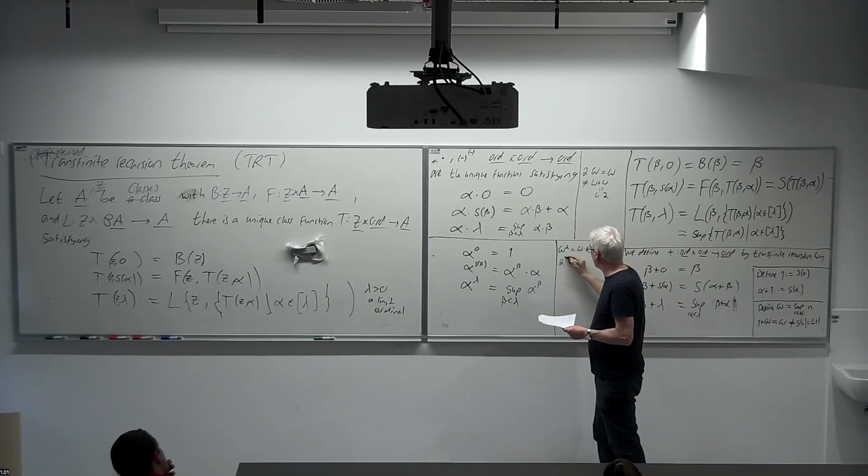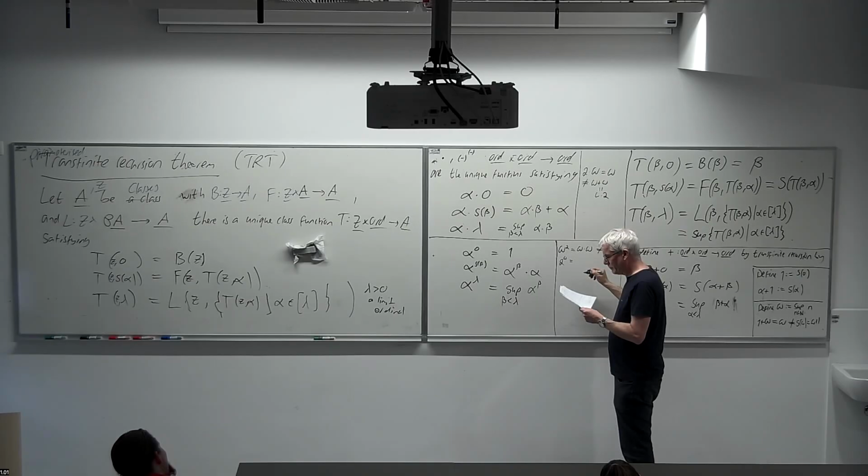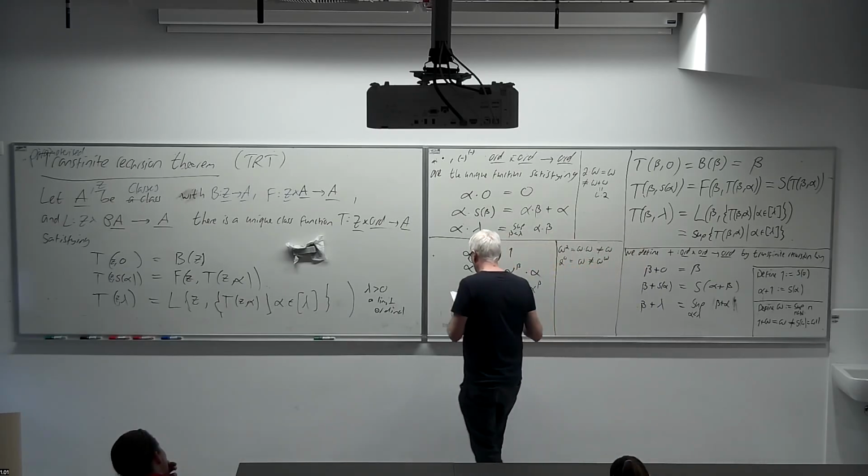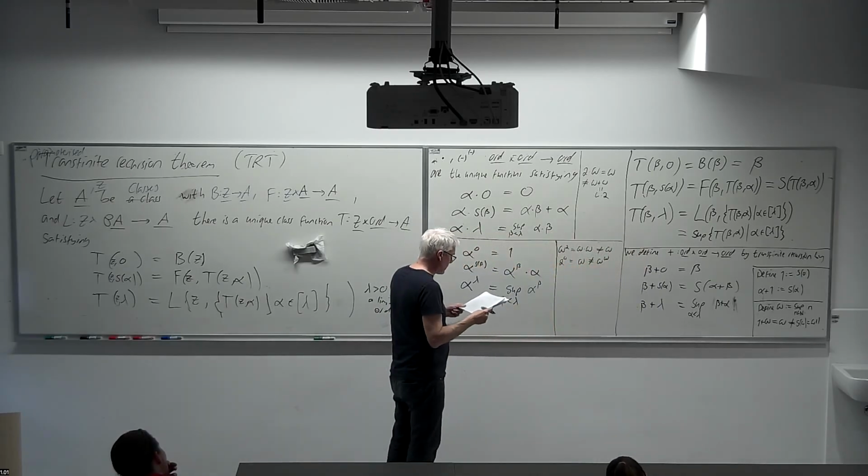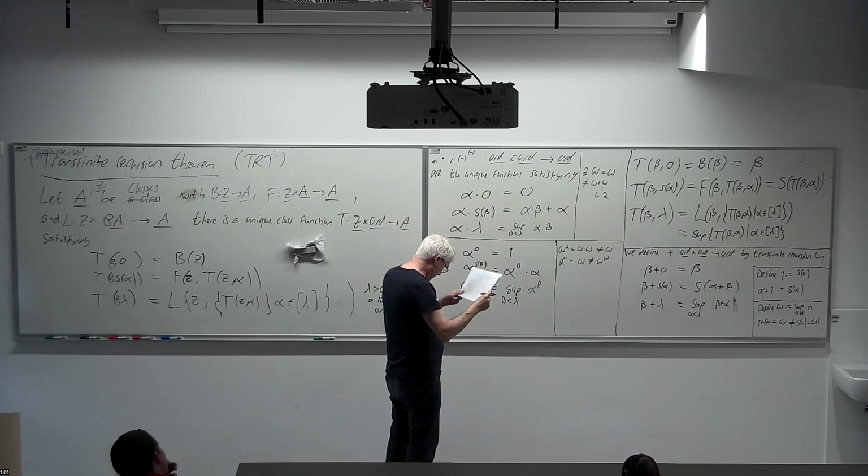Whereas if you look at 2 to the omega, this is equal to omega, which is not equal to omega to the omega. And this is what I wanted to say.